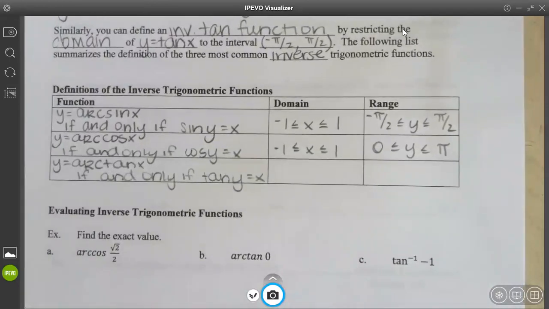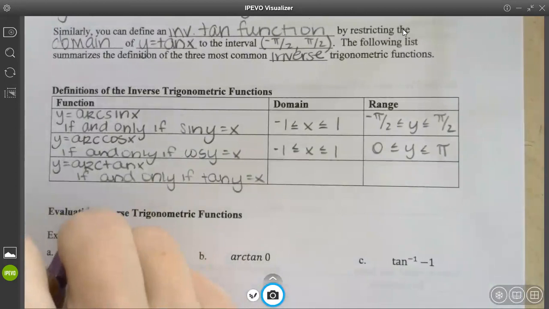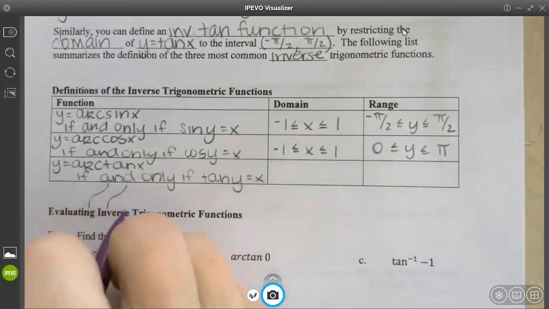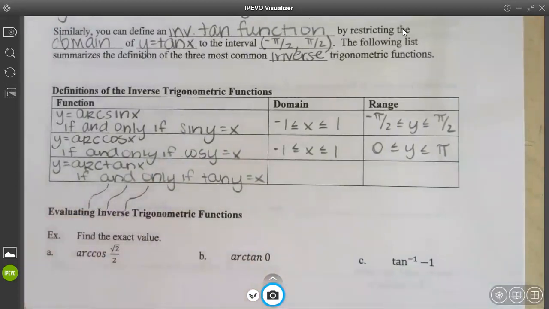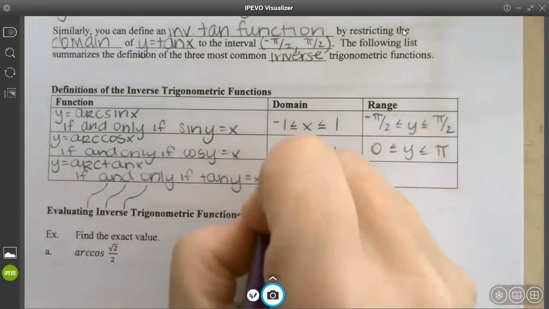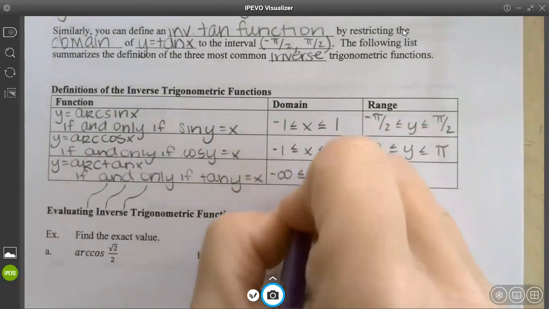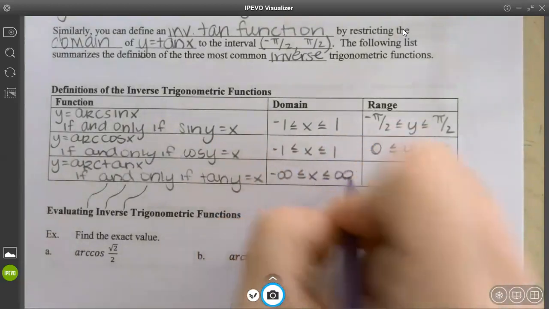Right, so think about your tangent graph. Remember your tangent graph looked like this. Listen carefully. What was your range of this tangent graph that I just drew? Negative to positive infinity, right? So the range is now going to become the domain because we're talking about the inverse, right? So our domain is negative infinity less than x less than infinity.